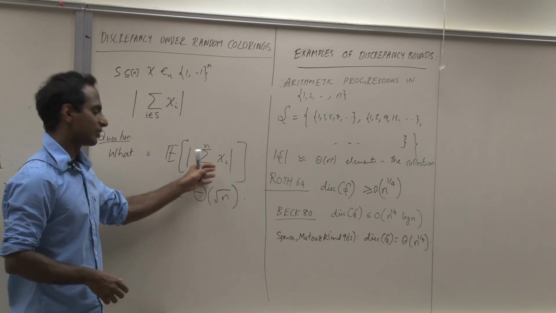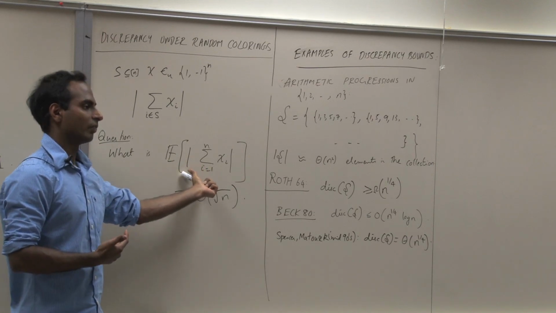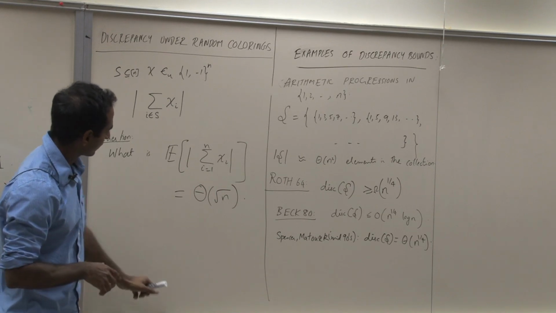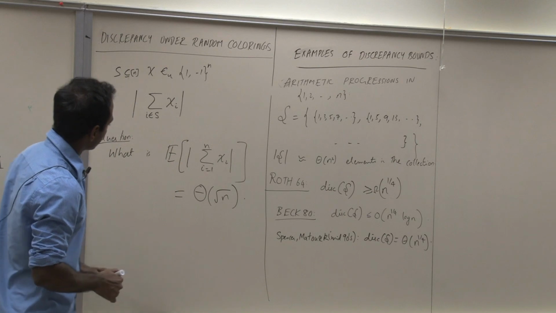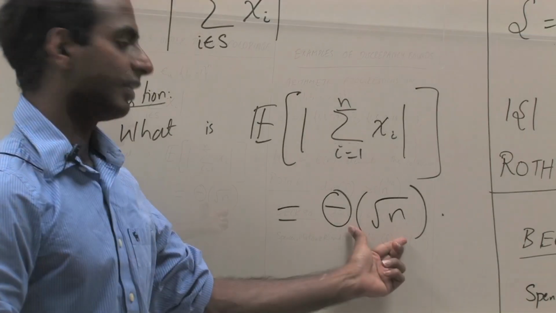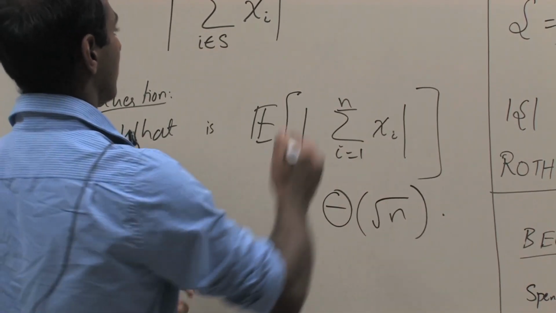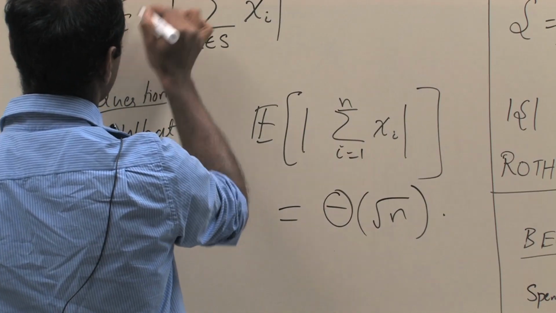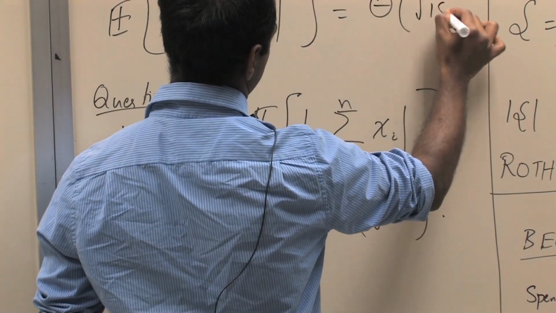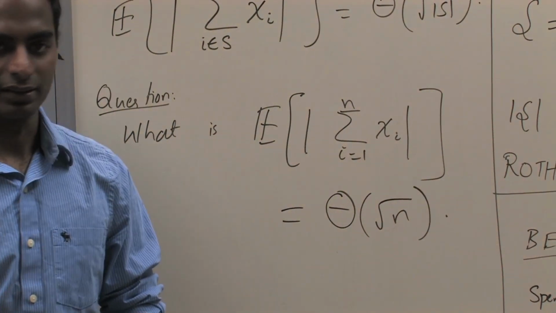One simple way to see this is to calculate the variance of this sum, which will actually be n, and then use Cauchy-Schwarz. So if you take n signs, then it's roughly theta of square root of n. And if you take |S| things, the expectation of this is roughly theta of square root of |S|. Okay, that's for a single set.